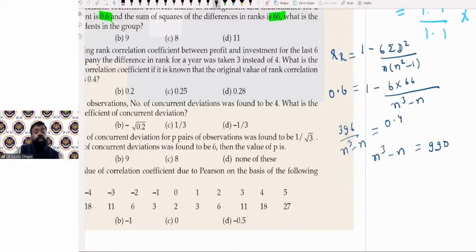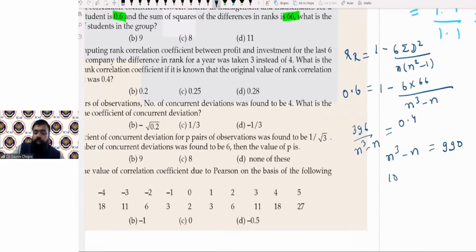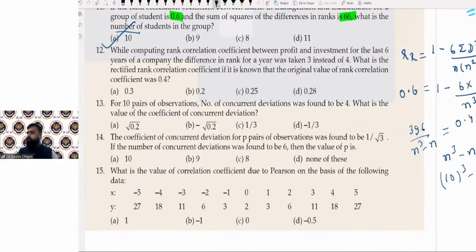Now you can simplify this equation or put the options, and you will get your answer. If you put option number A, 10 cube minus 10, you are getting 990. So option number A is correct.